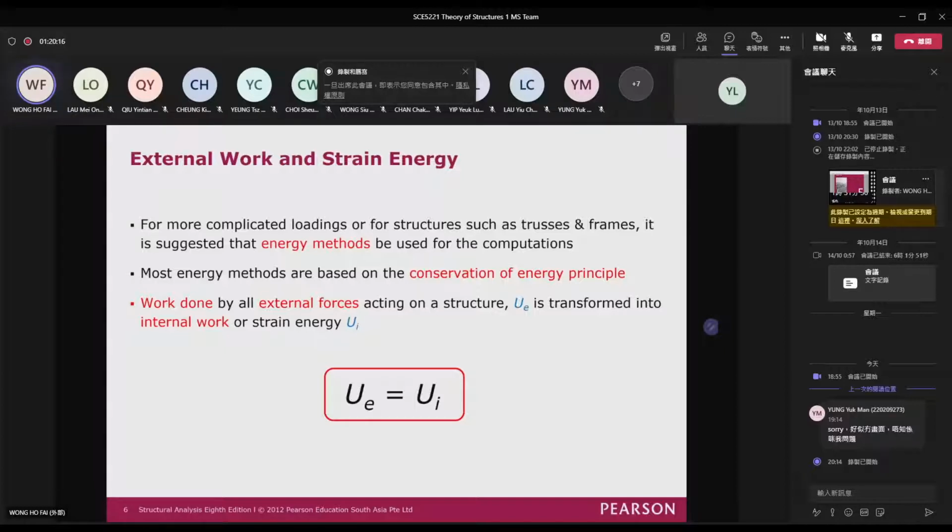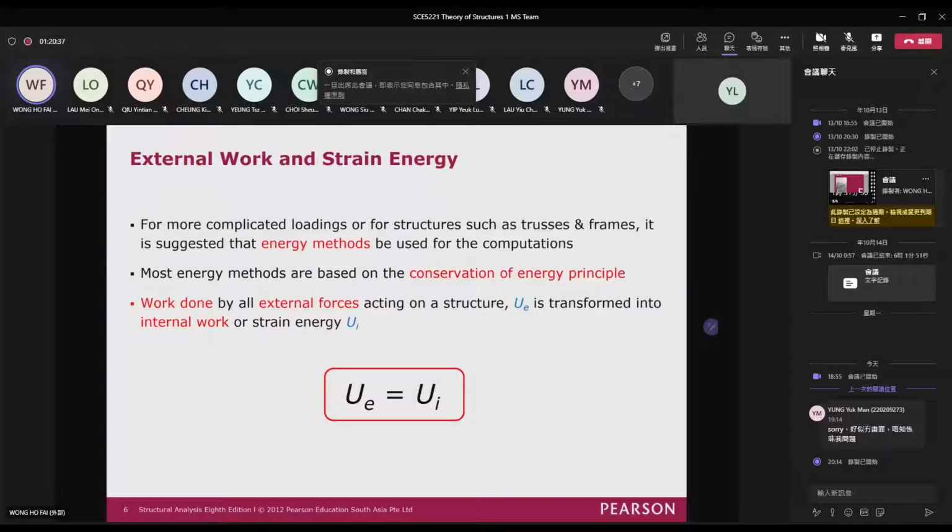Tonight, the theory is about the conservation of energy principle. As you can see from the equation, the work done by the external force acting on a structure, UE, is transformed into the internal work or the strain energy, UI.